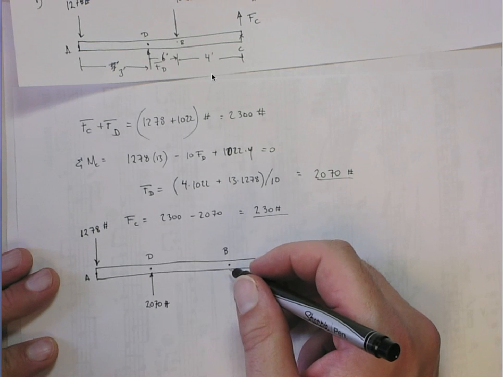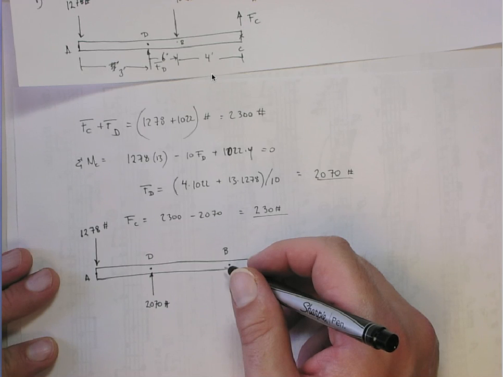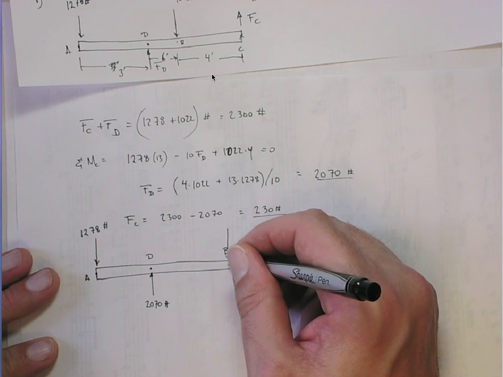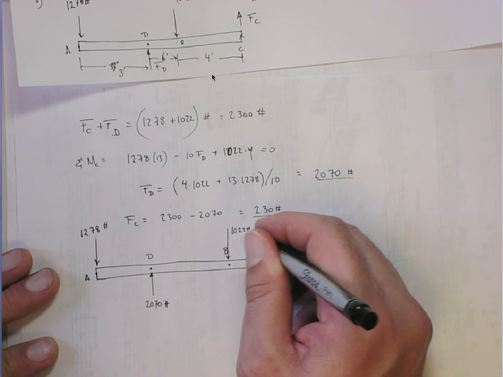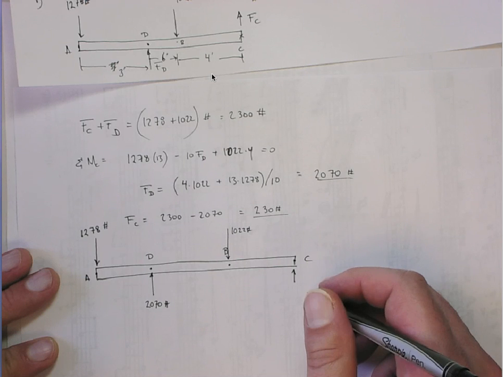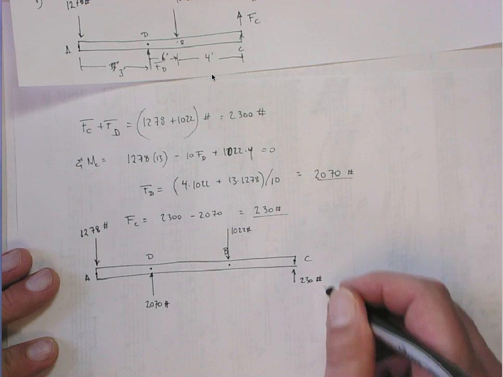At B, I have another downward force of 1022 pounds. And then at C, we have upward force of 230 pounds. Okay?